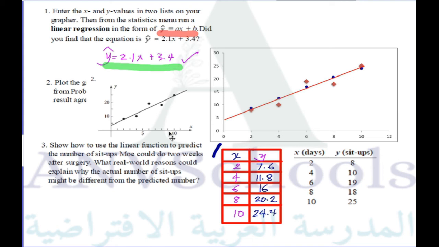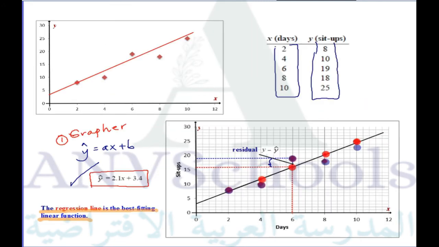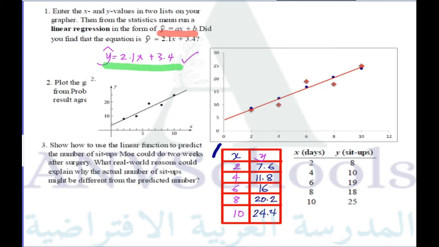Do you understand? Is this clear, right? So running the linear regression makes you have the same graph, actually. When you plot all of these points, they are the same with this. So we got the same graph as this one, right? Okay.